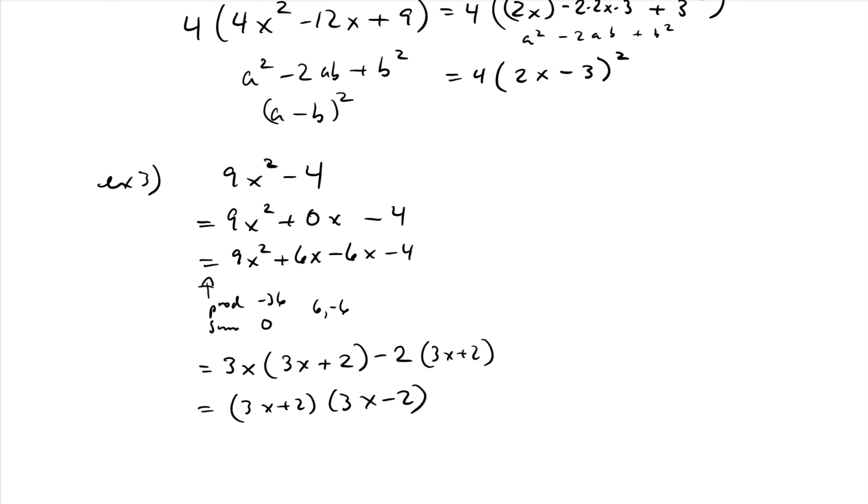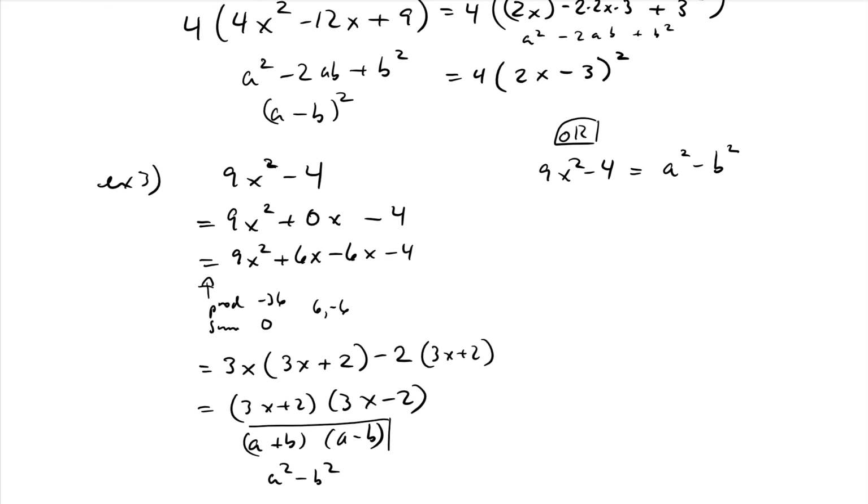And that should remind you of a plus b times a minus b. And we know that this gives us a difference of squares, right? So if I actually notice from the start, it's a lot faster. If I notice that I'm dealing with something squared minus something else squared, factoring is going to be super easy by applying this rule.